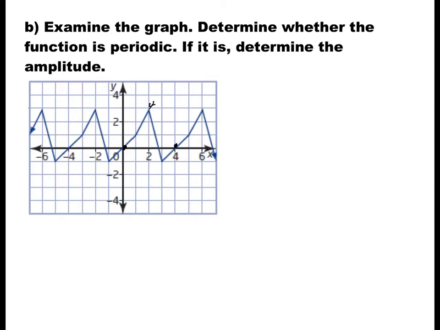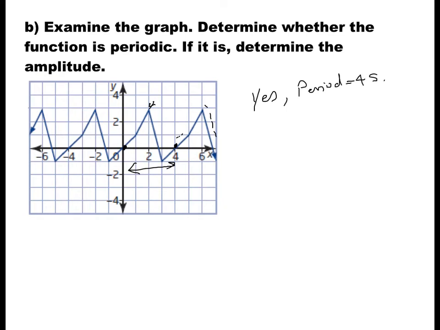So I can see that again the next time to the right here, the function is repeating itself the same way. So we can say that this is periodic. The period of the function is 4 seconds, which is here.